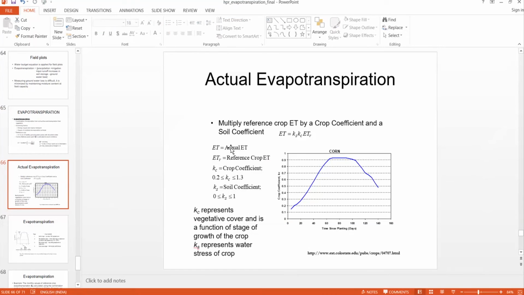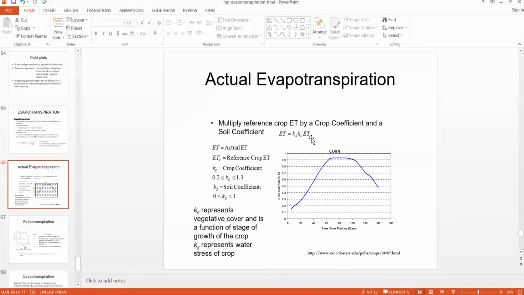We need to find actual evapotranspiration for different crops. Actual evapotranspiration ET of a given crop is equal to KS times KC times ETR. Generally, actual evapotranspiration is a function of climatic conditions, soil conditions, and crop conditions.